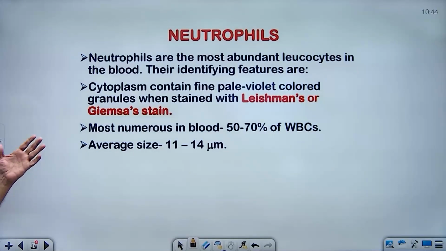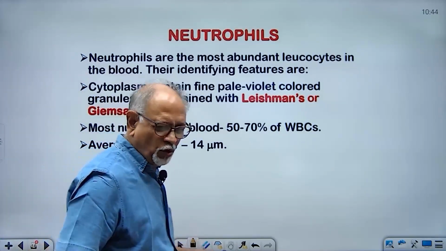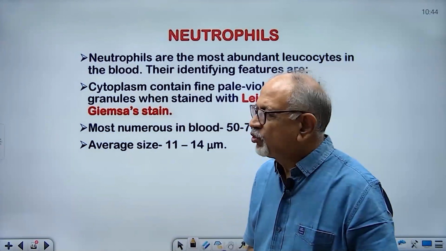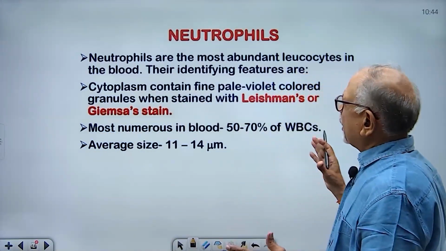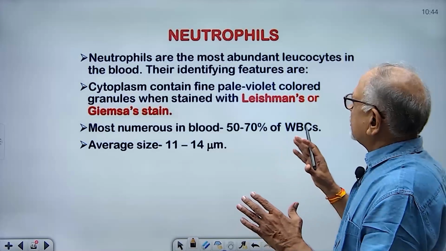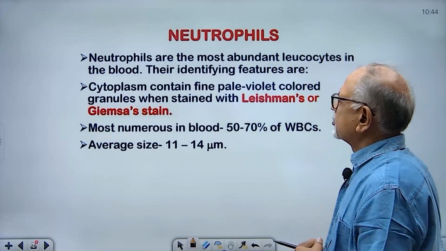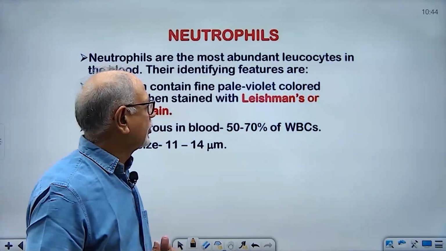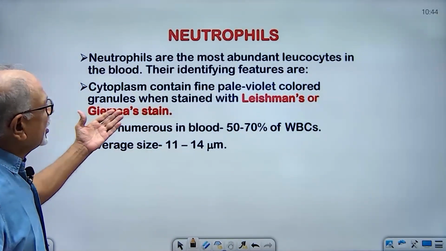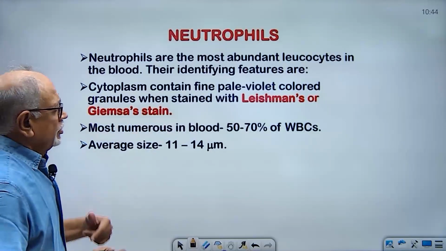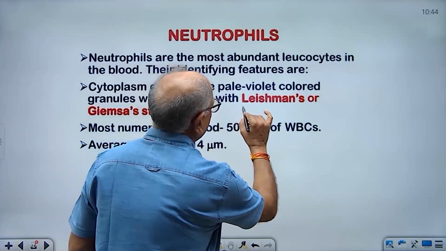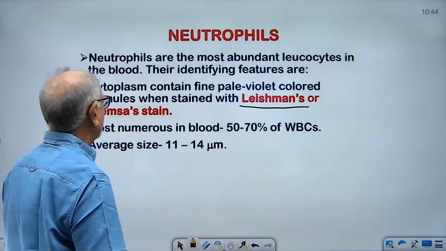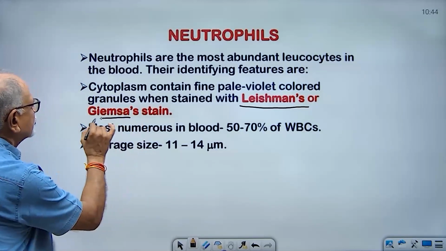Now, coming to the neutrophils, these are the most abundant leukocytes in our blood. Their identification features: their cytoplasm is granular, and it is stained with two stains called Leishman's stain and Giemsa stain.